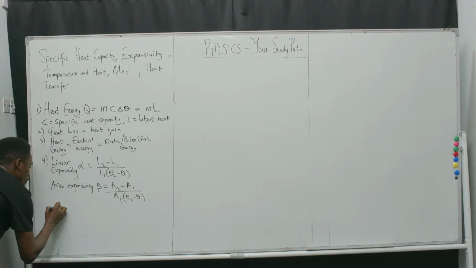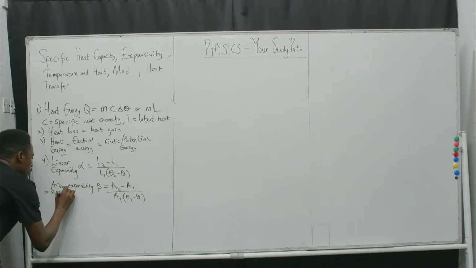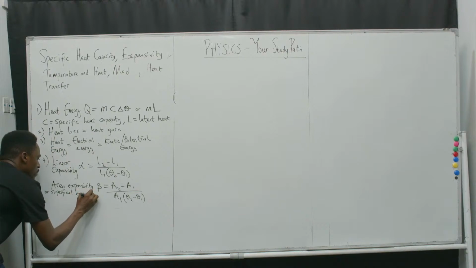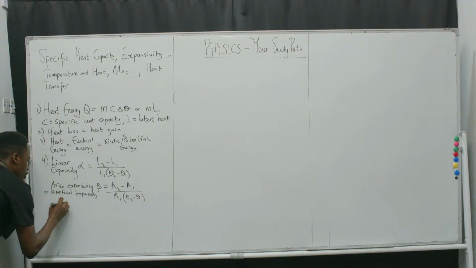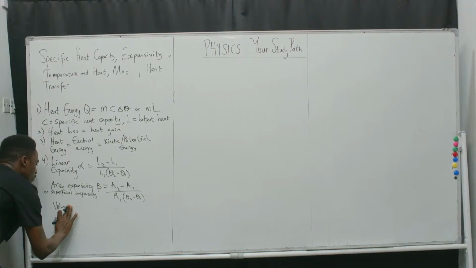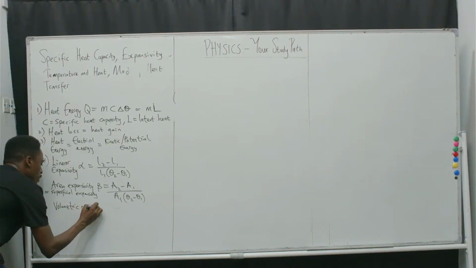Furthermore, we have the area expansivity, or what we call superficial expansivity. Then volume expansivity, also called volumetric or cubic expansivity.